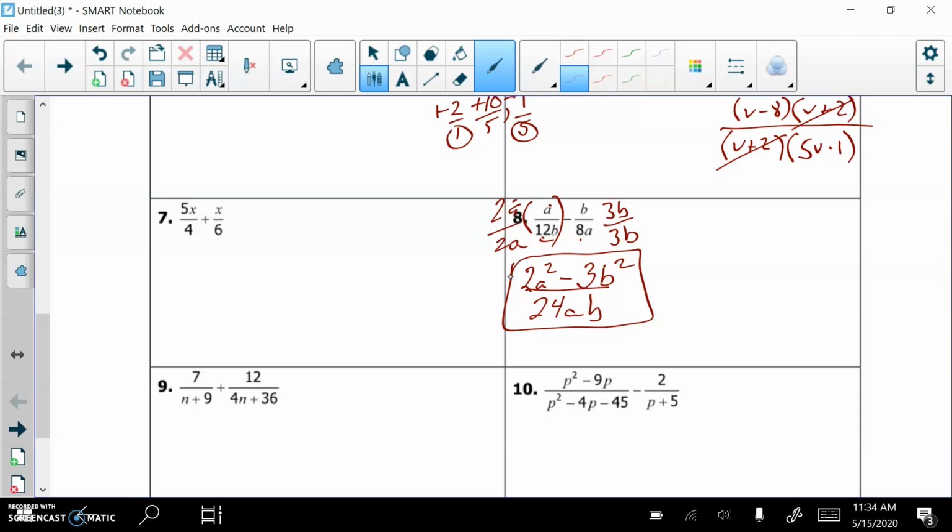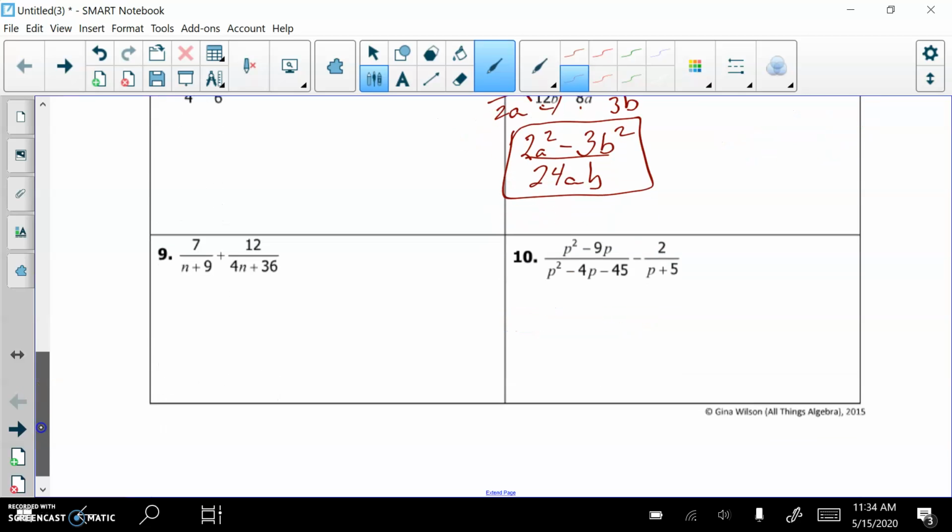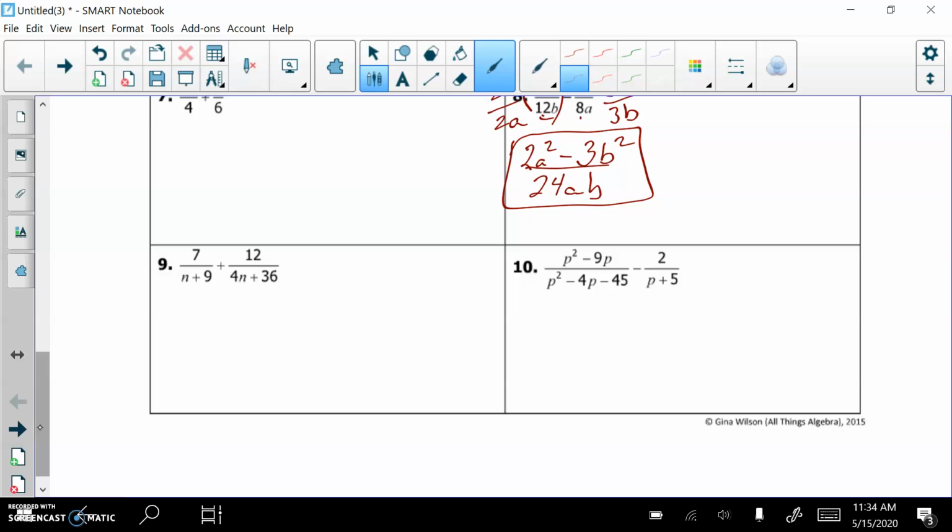So there we go. Okay, number 10. Don't want to factor the numerator until the end. I almost just did that. Leave the numerator like it is. All right, so common denominator. First, we want to factor p squared minus 4p minus 45. That's going to be a minus 9 and a plus 5.